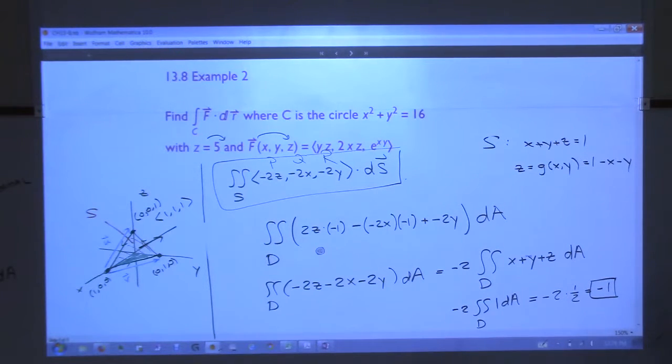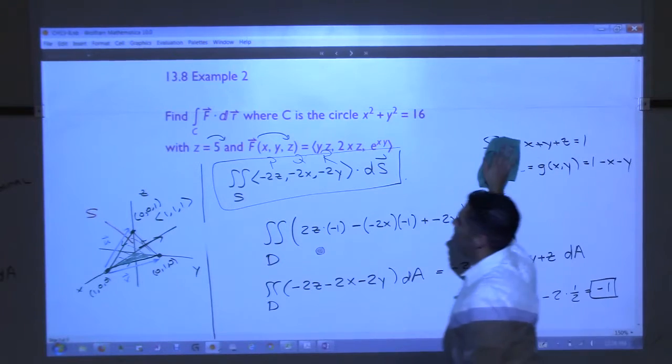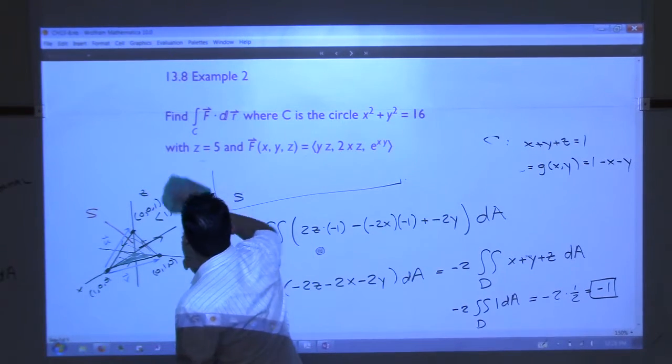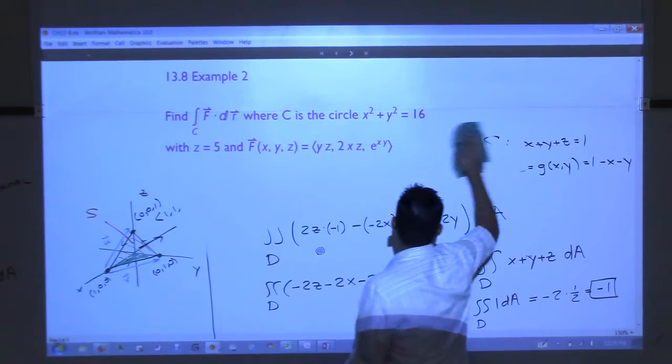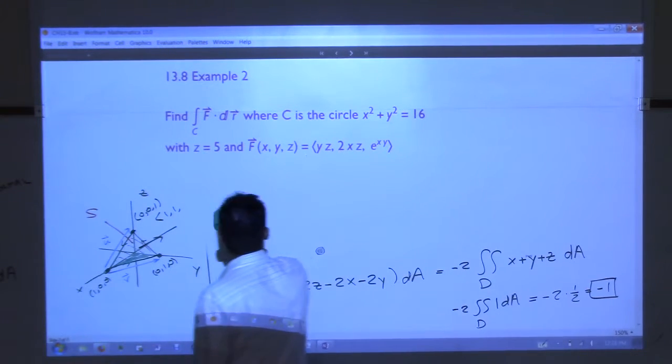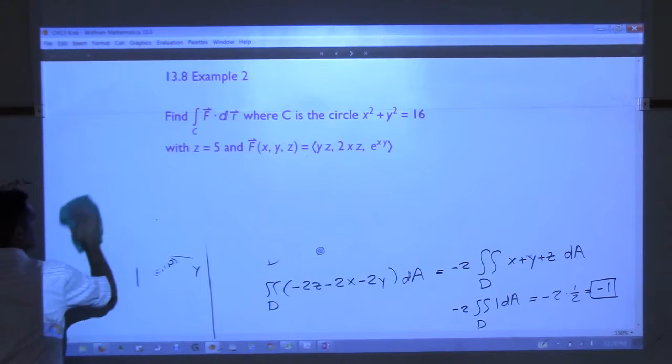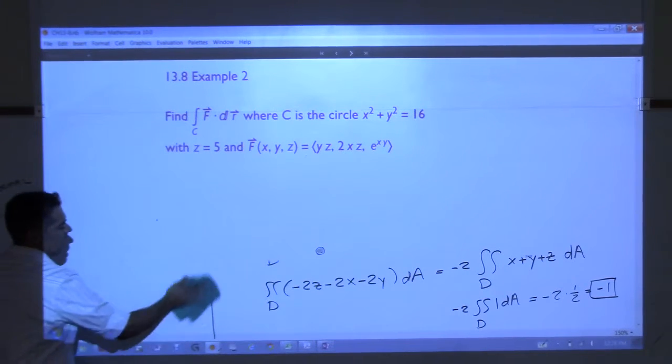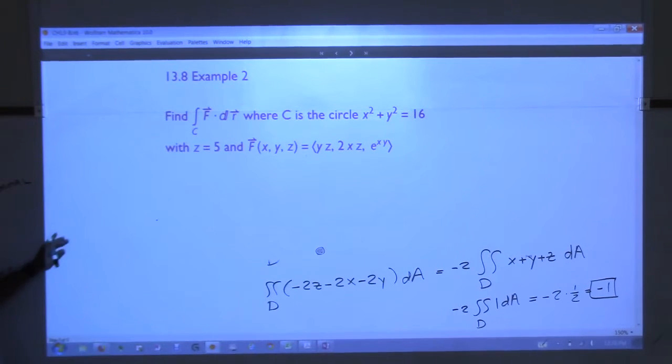All right, find, again, the line integral of F dot dr over this curve C, where C is the circle x squared plus y squared equals 16. Isn't x squared plus y squared equals 16 in three-dimensional space? That's a cylinder, right?